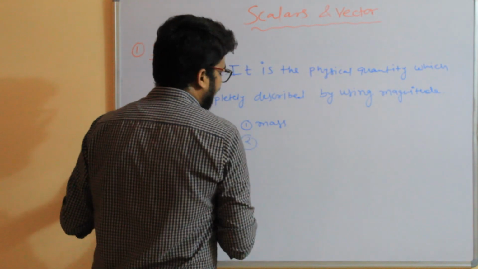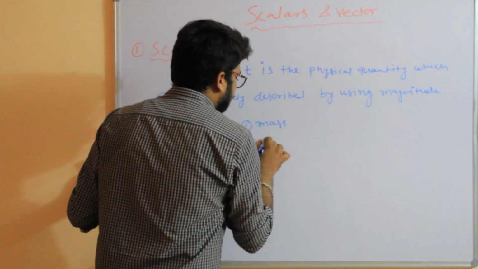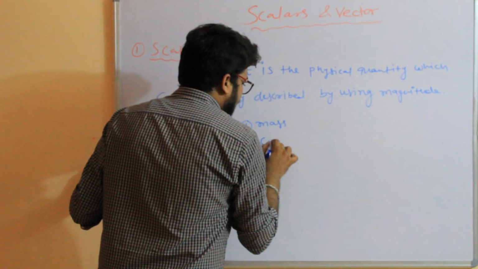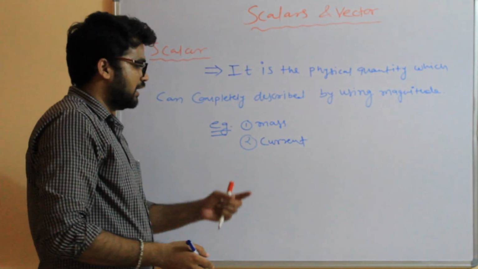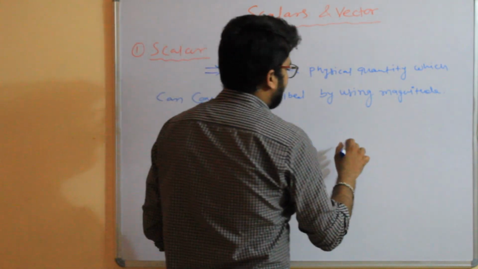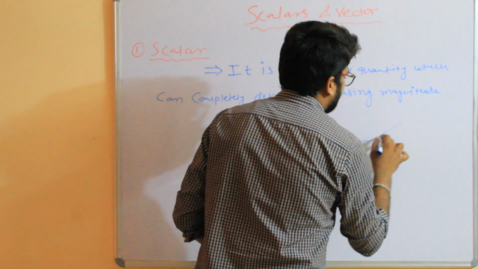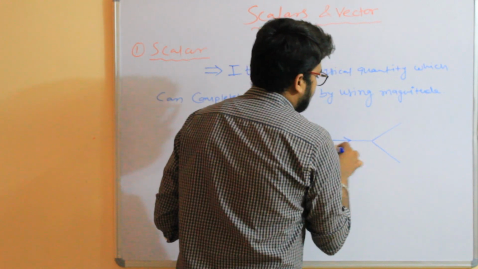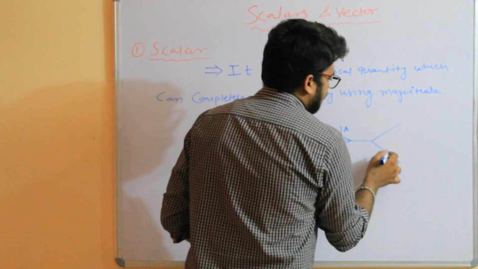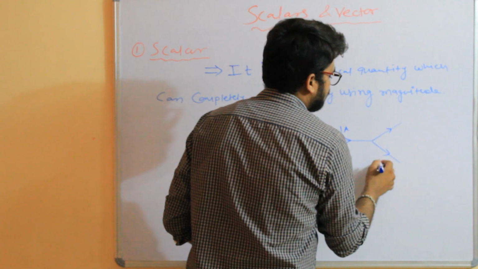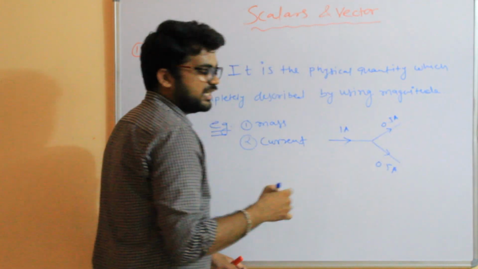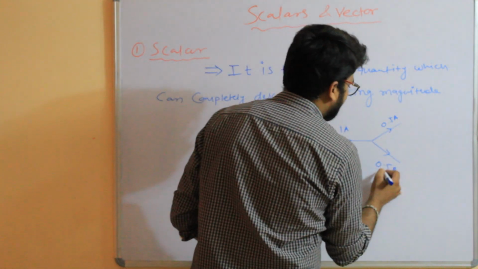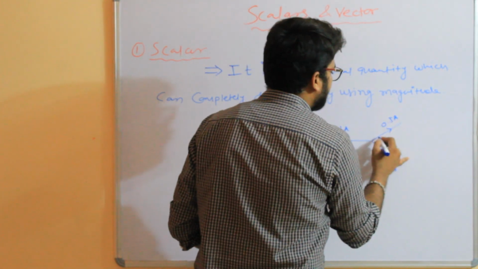Likewise, the second one we have is current, right? Though current has a direction, let us suppose an example: 1 ampere splits into 0.5 ampere and 0.5 ampere. By using Kirchhoff's current law, if this is 0.5, this must be 0.5.